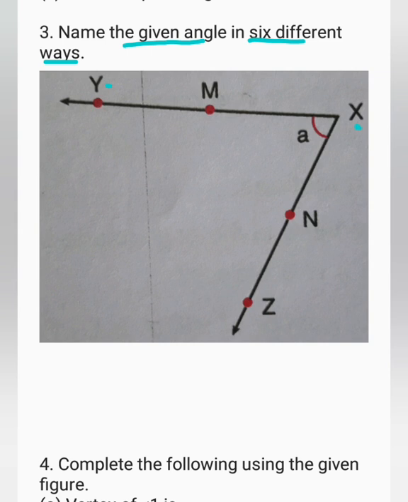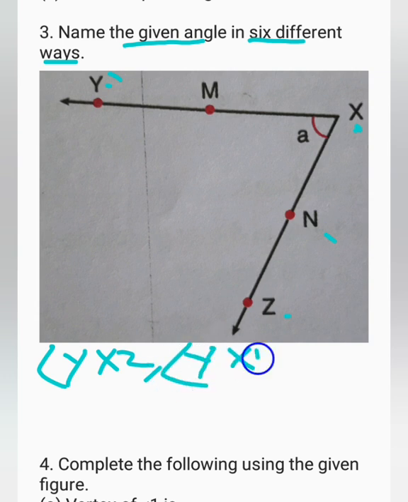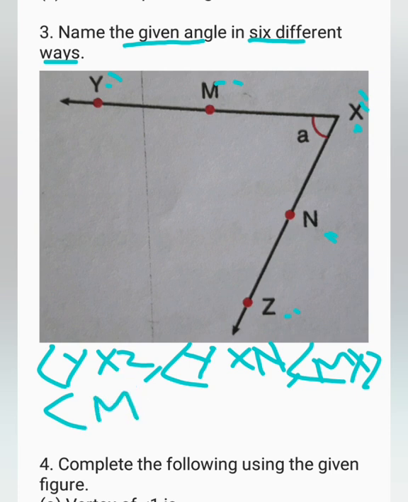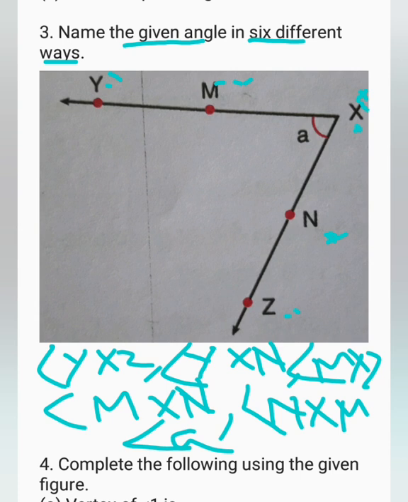Angle YXZ. Angle YXN. Angle MXZ. Angle MXN. Angle NXM. Angle A. These are the 6 names.